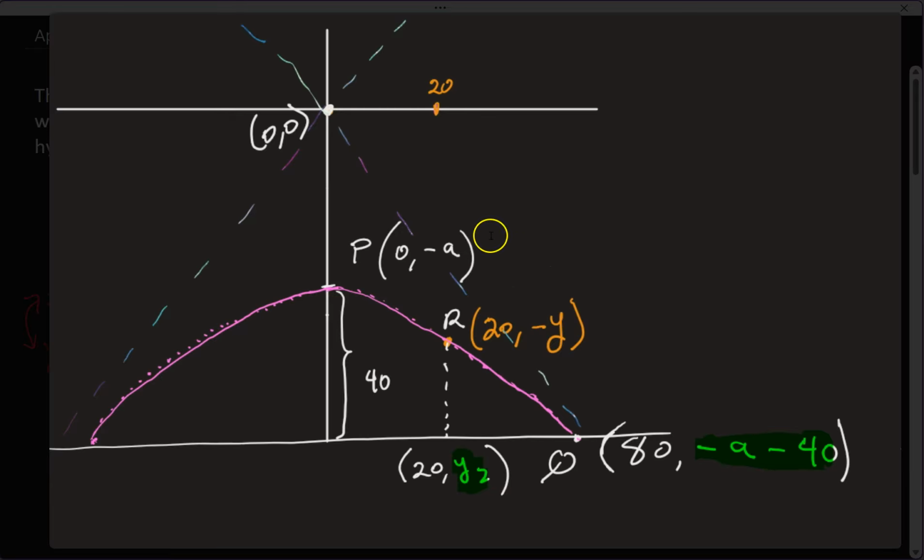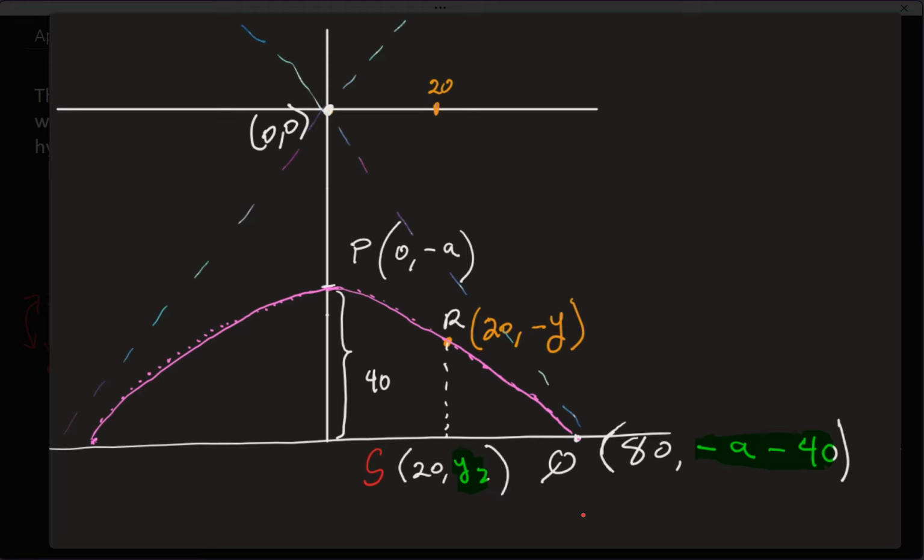Okay, so we have a few things to deal with, and the final answer is that we actually want this height, let's call this point R, for the actual point 20 comma y2, but y2 is actually negative a minus 40 in the coordinate Q. Now we do know that this is 160 meters wide. That means it's symmetric.